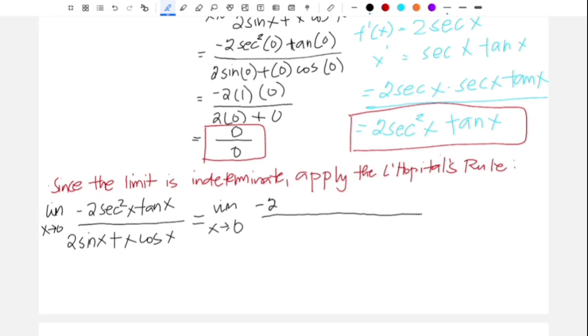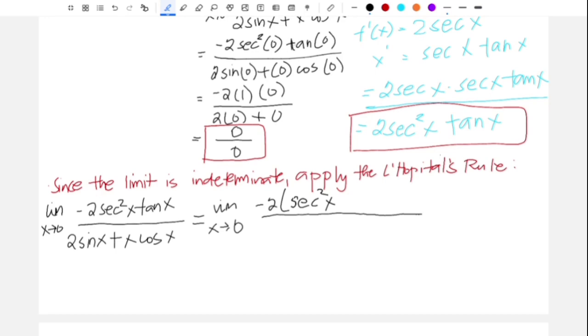Our f of x will be secant x squared, and our g of x will be tangent x. Okay, let's try. First, our f of x will be secant x squared.